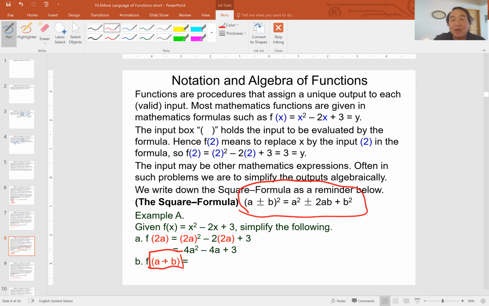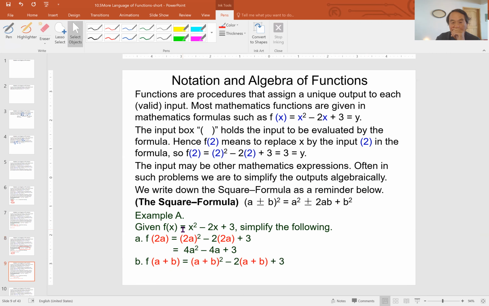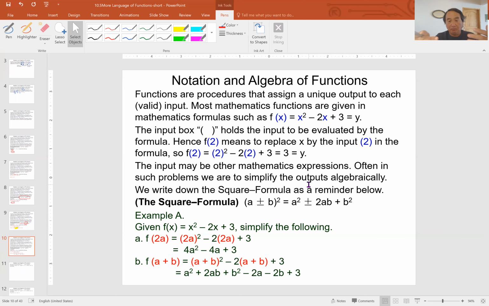Because when I put a plus b in for the x, it asks us to square the expression in parentheses, which requires this formula, and that reminds you there's a middle term right there. Don't forget that. So we expand that and clean it up a little bit. Actually, there's nothing to combine, so this is the long entire output that comes out.